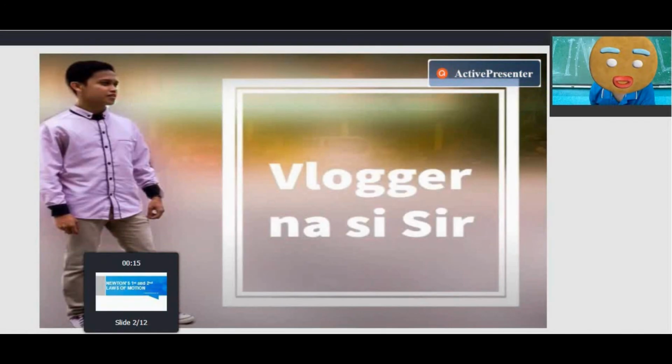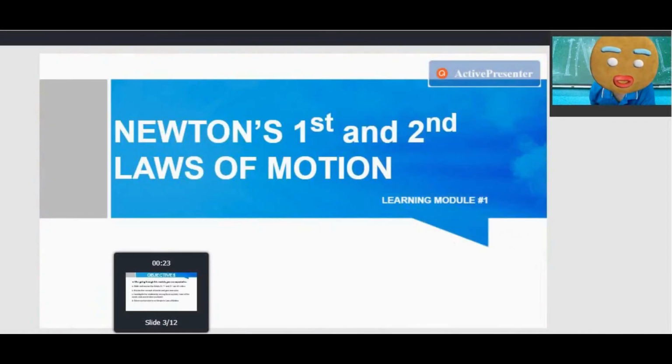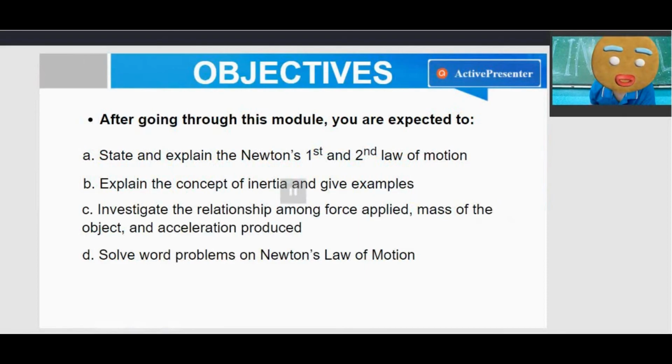Okay, so let us check. Were we able to state and explain the first and the second law of motion? Yes. Okay, you can now explain the concept of inertia and give examples. Okay, we investigated the relationship of force, mass, and acceleration. Okay, the acceleration is directly proportional to the force, which means if the acceleration is doubled, the force is doubled.